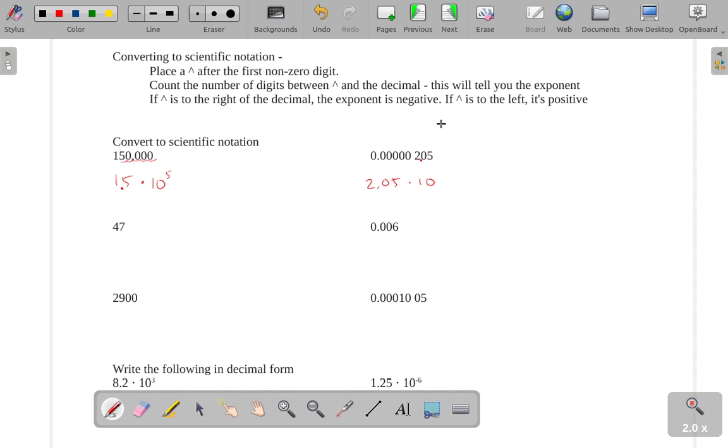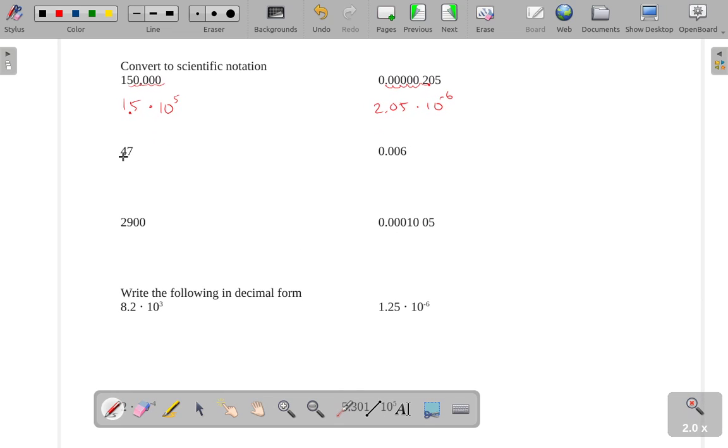And as we saw in a previous section, dividing by 10 is the same thing as using a negative exponent on the 10. So we'd want to move the decimal place 1, 2, 3, 4, 5, 6 places to the left. So this would be 2.05 times 10 to the negative 6th.